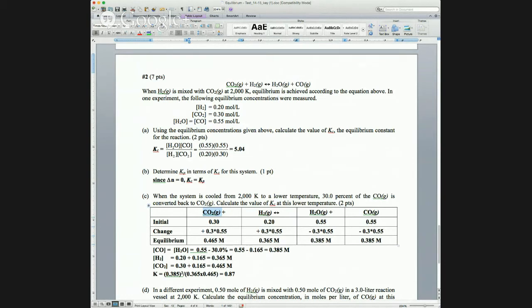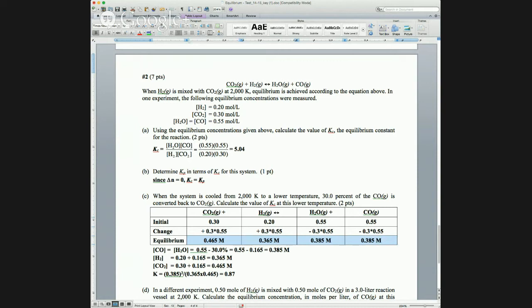So subtracting 0.3 times 0.55. Now, we just got finished saying that all of the coefficients are 1. So that means it's the same change for every substance. The CO and the H2O are both losing that amount, and then the CO2 and the H2 are gaining that amount. So once you plug all that in, it gives you new equilibrium values for each of the substances, okay?